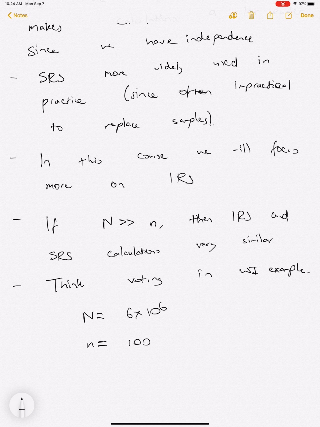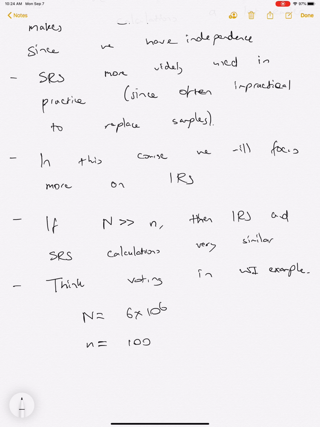On the one hand, what you typically do in practice is simple random sampling, because if you've asked someone who they voted for, you're generally not going to replace them in the sample and then potentially ask them again.